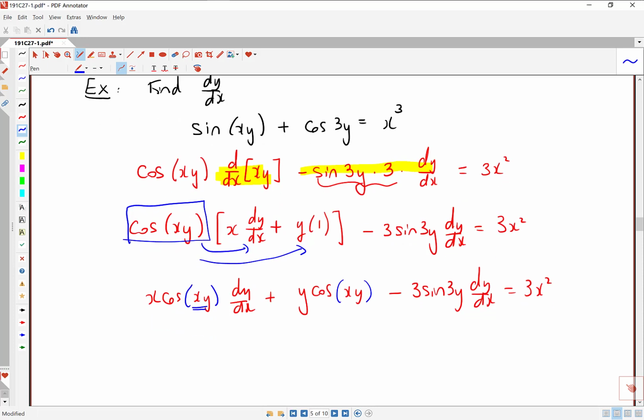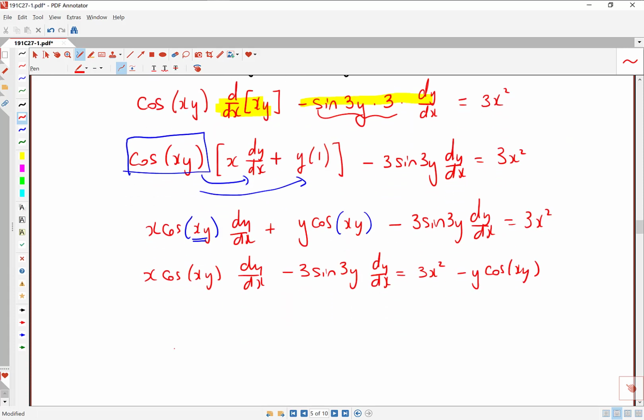All right, so let's get dy by dx terms on the left. We'd have x cos of xy times dy by dx, and we've got another one, minus 3 sine of 3y dy by dx, and other stuff goes right. So 3x squared minus y cos of xy. So then what we can do is factor on the left side, just pull out that dy by dx.